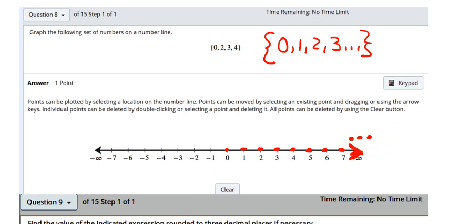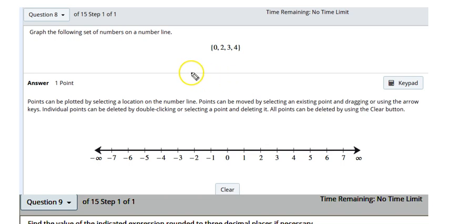And let me go over one other that we had with you. I'm not sure we're going to get this on the test, but we had one of these on our quizzes. Let's say the absolute value of x is greater or equal to 4. And again, we want integers here.